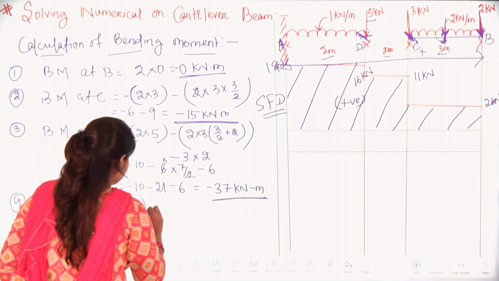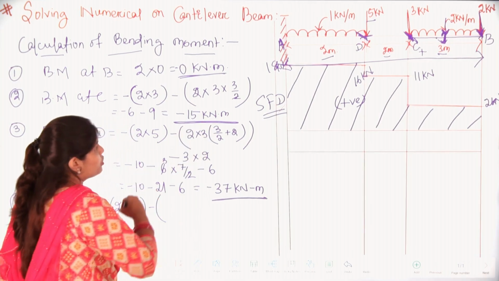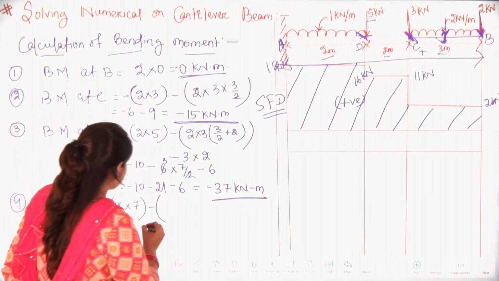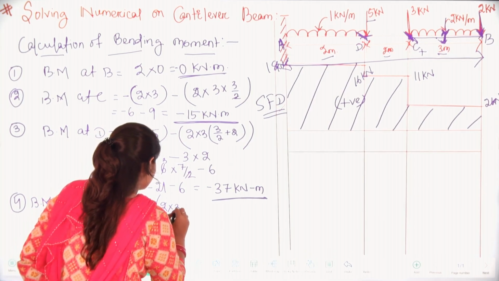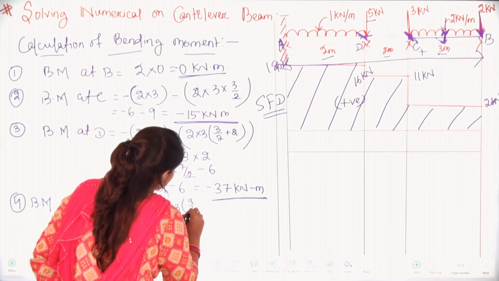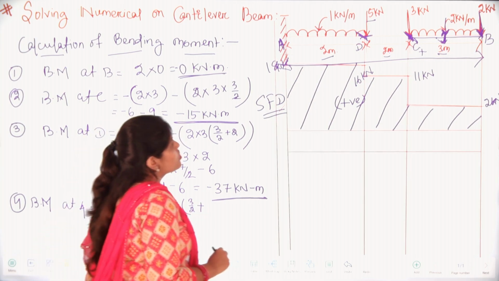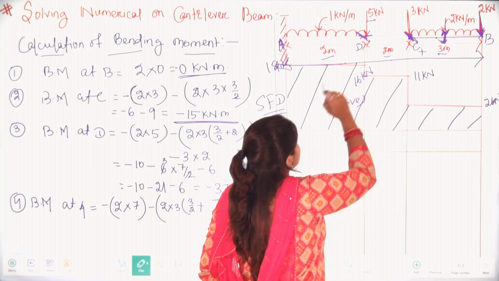Again minus the UDL one. So 2 into 3 will be multiplied with 3 by 2 plus the distance, which will be 2 plus 2, 4.